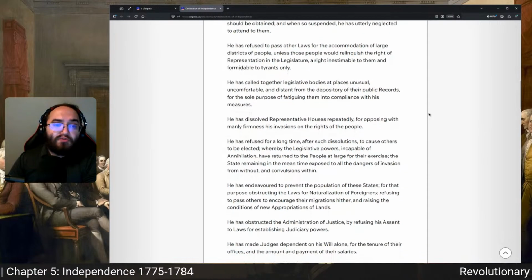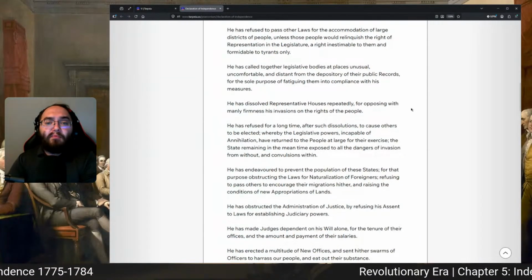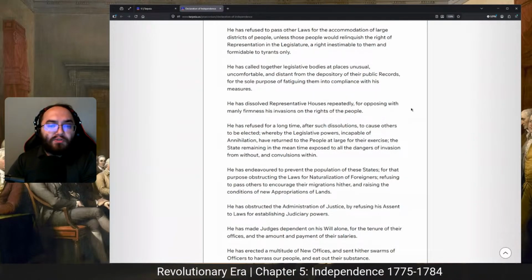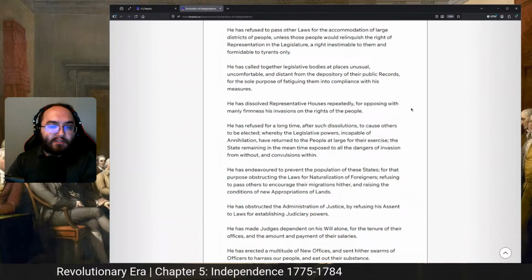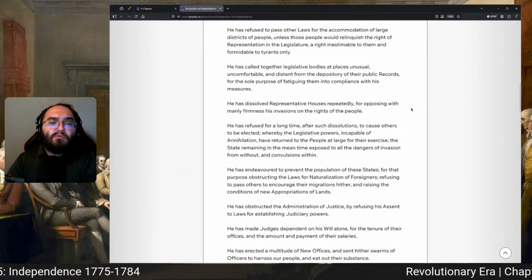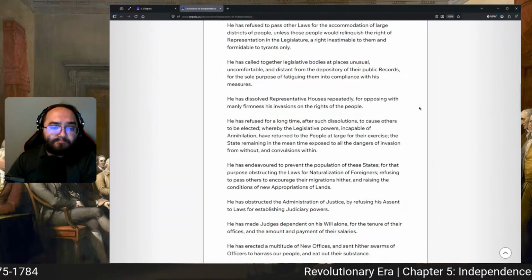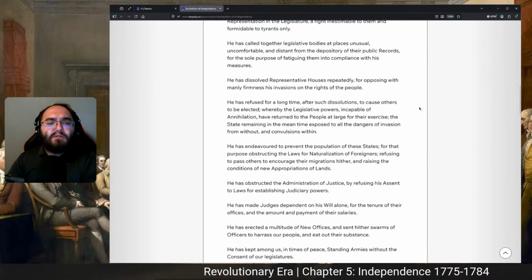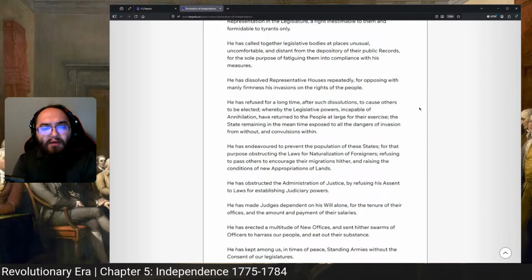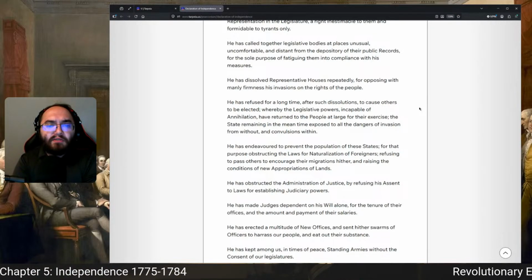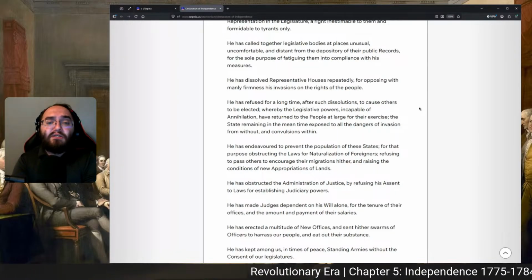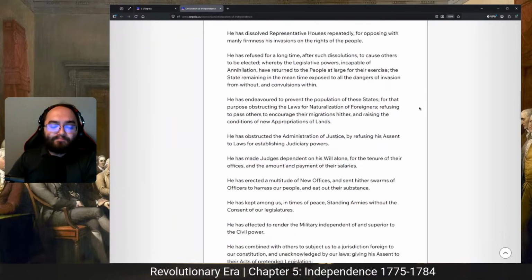He has refused to pass other laws for the accommodation of large districts of people, unless those people would relinquish the right of representation in the legislature, a right inestimable to them and formidable to tyrants only. He has called together legislative bodies at places unusual, uncomfortable, and distant from the depository of their public records for the sole purpose of fatiguing them into compliance with his measures.